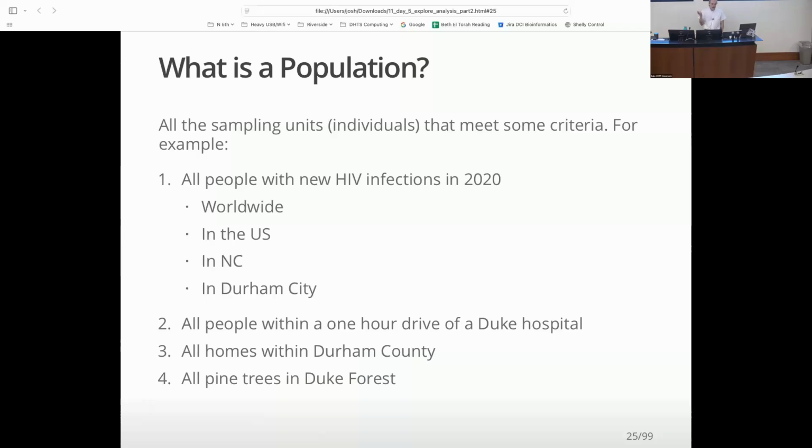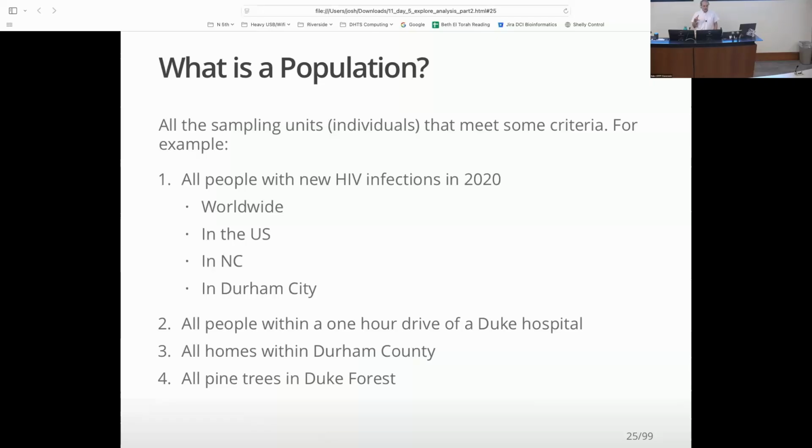One population could be all people with new HIV infections in the year 2020 worldwide. Another could be all the people with new HIV infections in 2020 in the United States. Another could be all the people with new HIV infections in 2020 in North Carolina.